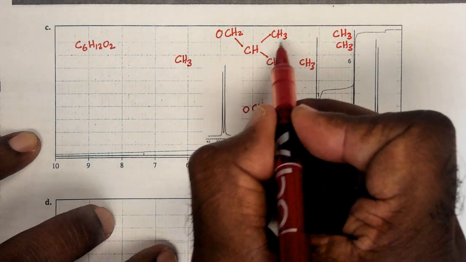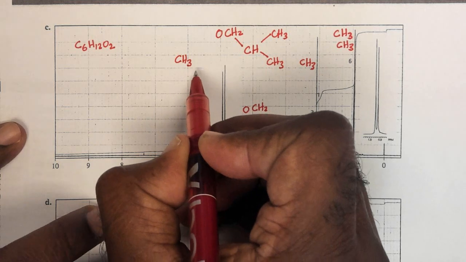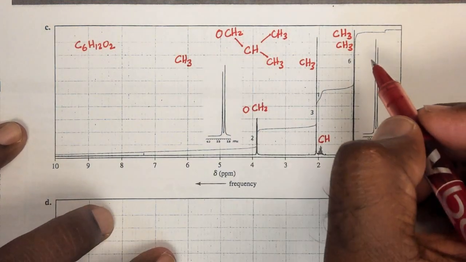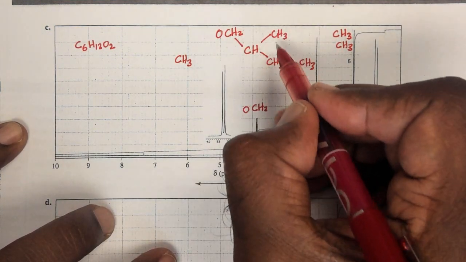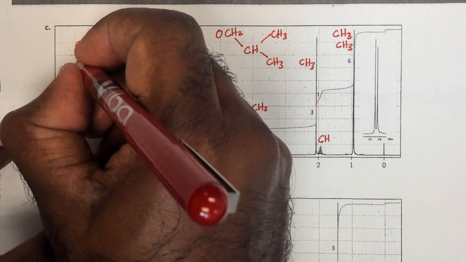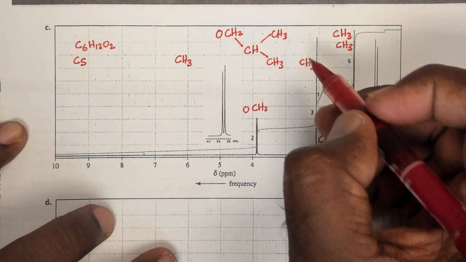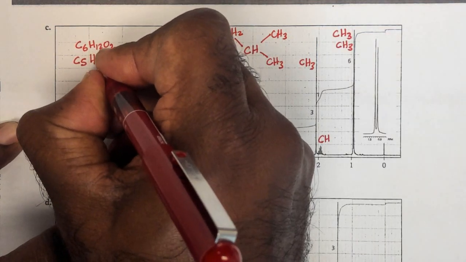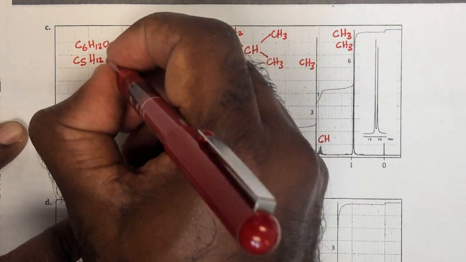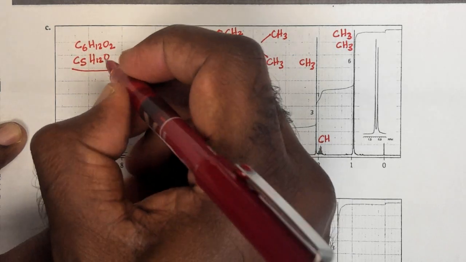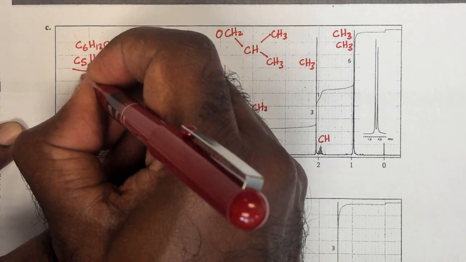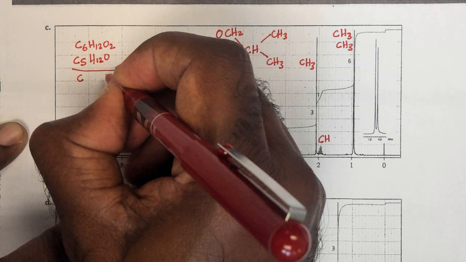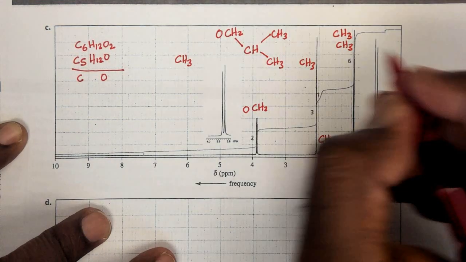So if I take this group and that group together, and subtract it from my molecular formula, I have 1, 2, 3, 4, 5 carbons, hydrogens 3, 6, 9, 10, 11, 12. I only have one oxygen here. 6 minus 5 is 1 carbon, no hydrogens, 1 oxygen.